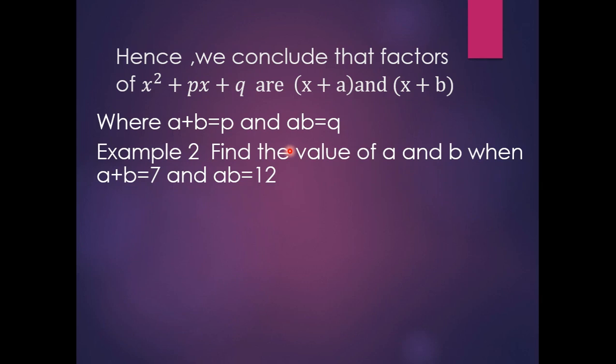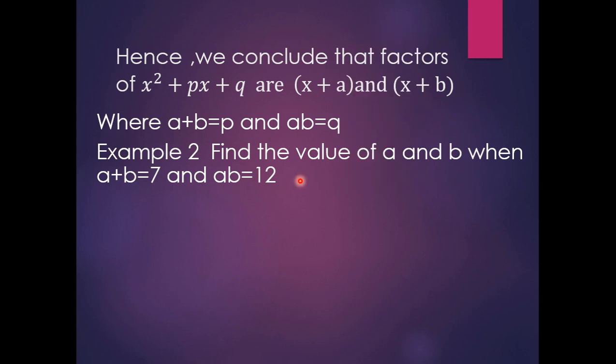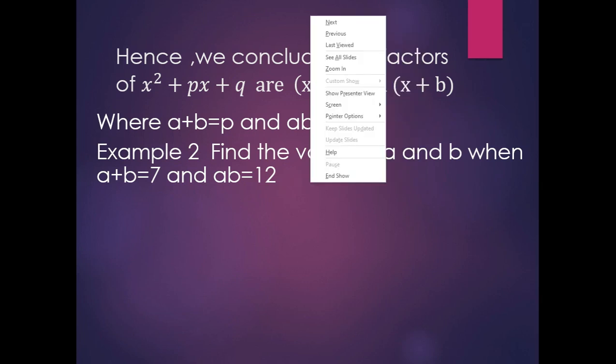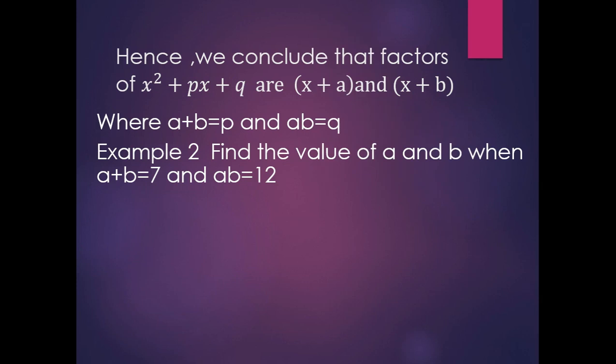Now one example, find the value of a and b when a plus b equals 7 and ab equals 12. So in this we will factorize 12. First of all, we will factorize 12.